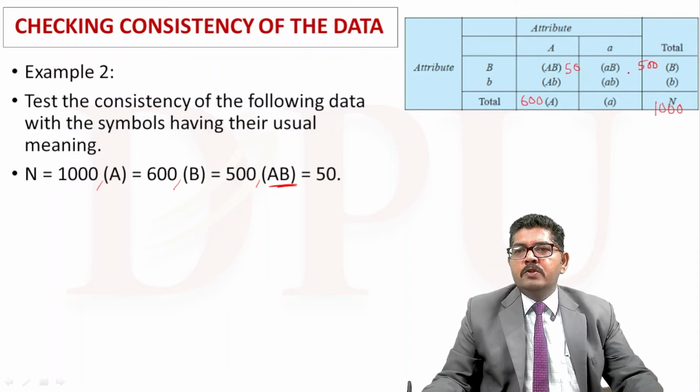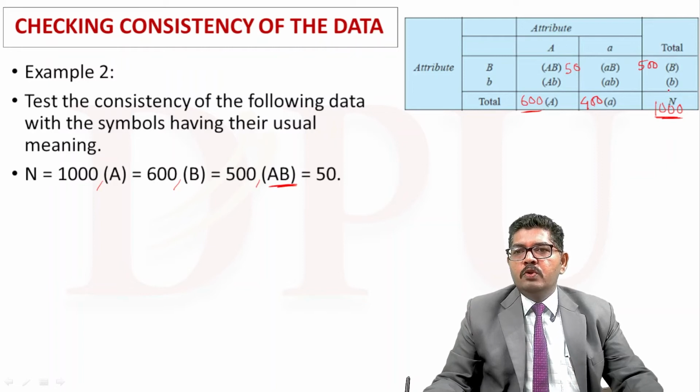As this is 600 and the entire frequency is 1000, the total number of observations, 1000 minus 600 is 400, as these two values must add to N. So 600 plus 400 must be equal to 1000.